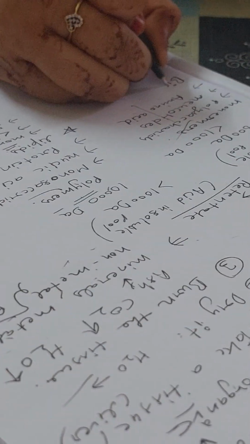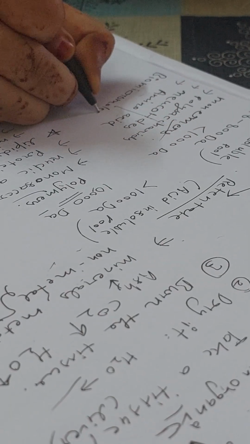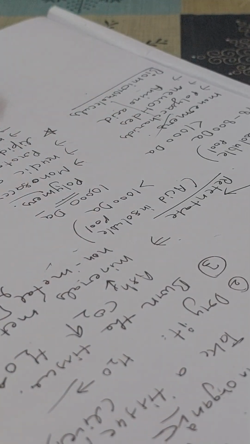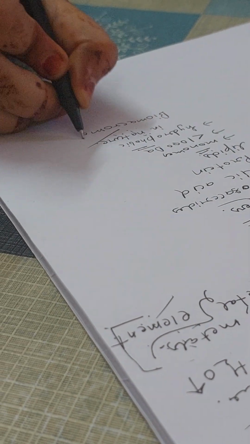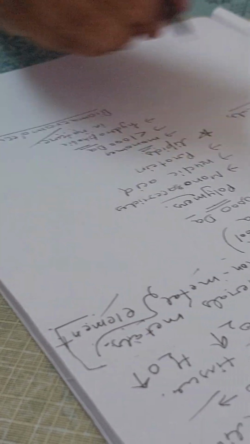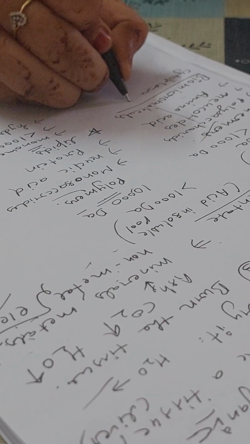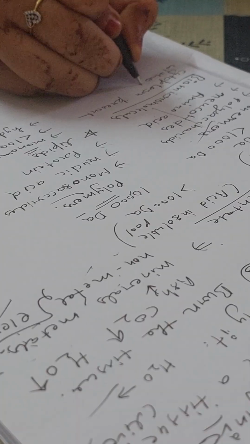Now, these are micromolecules and these are macromolecules. In micromolecules, cytoplasm is present without cell organelles.